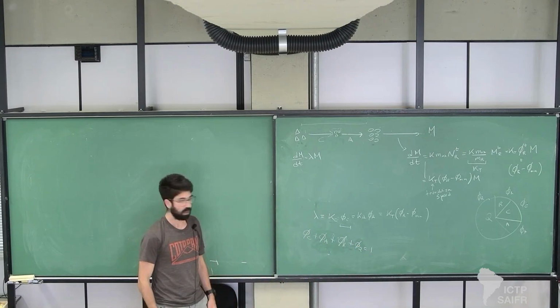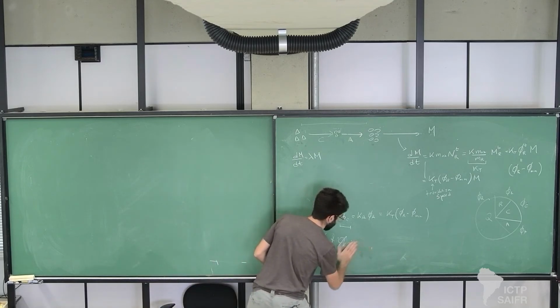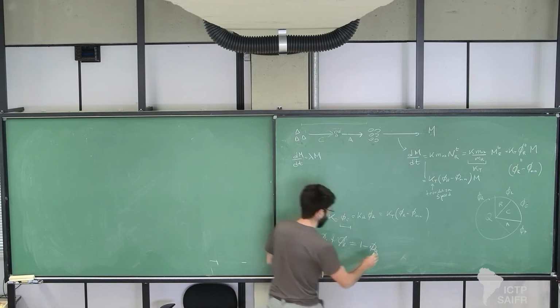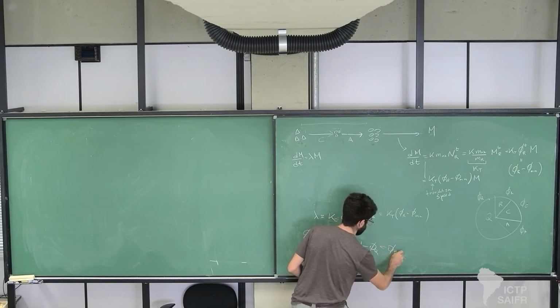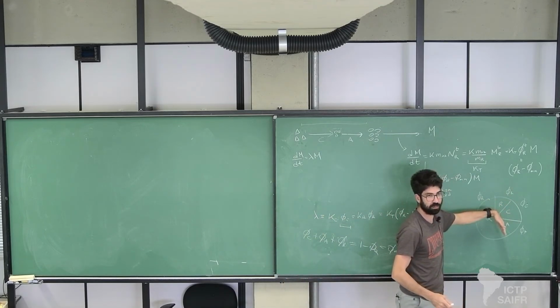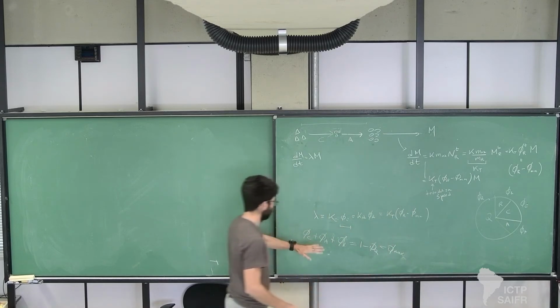And now, as before, this is equal to 1 minus phi Q, which I can call phi max. 1 minus phi Q is the maximum size of the ribosomal sector. Nothing changed.